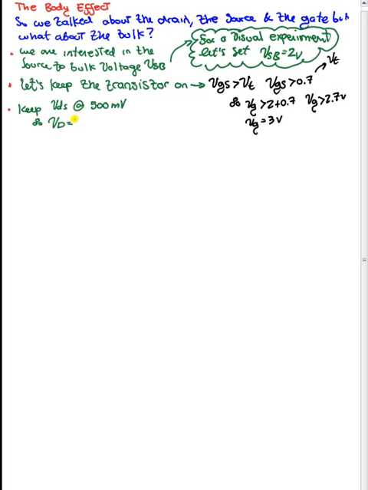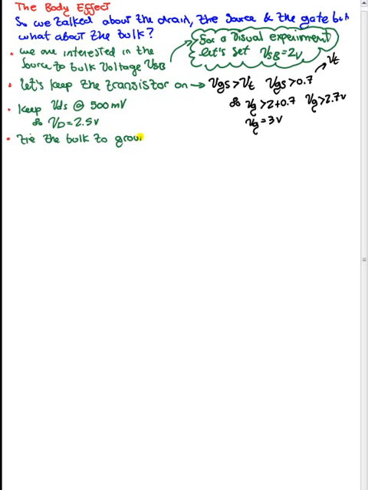We have to keep VDS at 500 millivolts because, if you remember, the overdrive voltage or the saturation voltage was set at 0.3 volts or 300 millivolts. So in order to keep it in saturation, we gotta keep it a little bit higher. So we safely choose 500 millivolts, right? Okay, and then finally we want to tie the bulk to ground. Okay, so now we have all the biasing conditions.